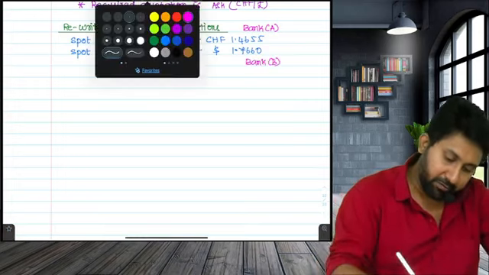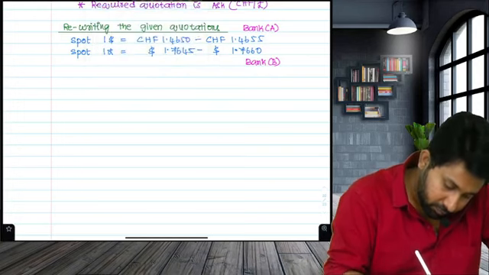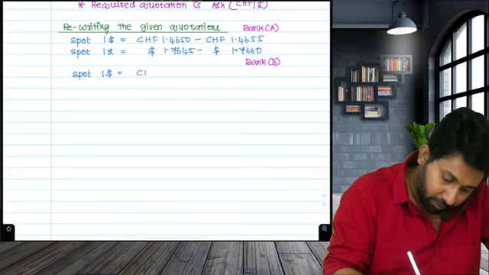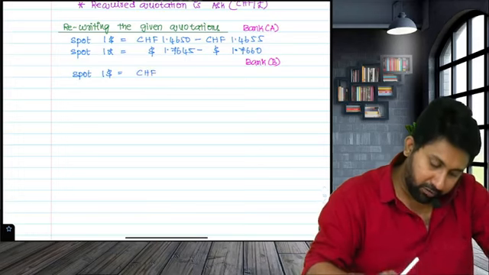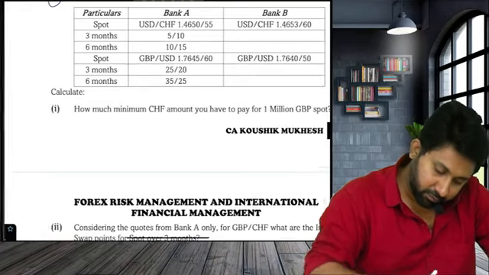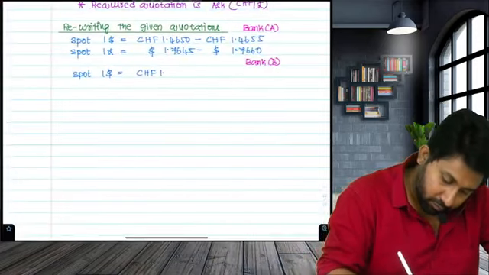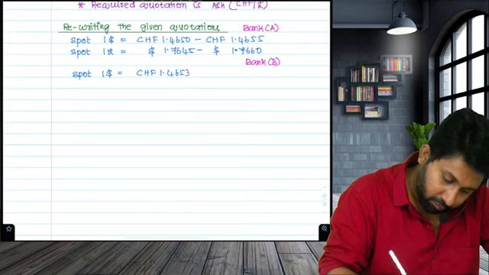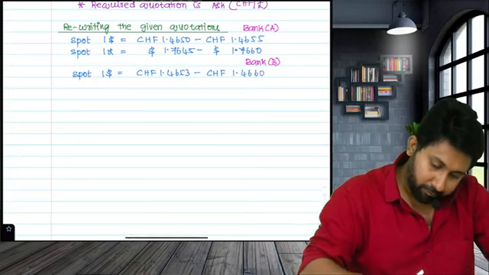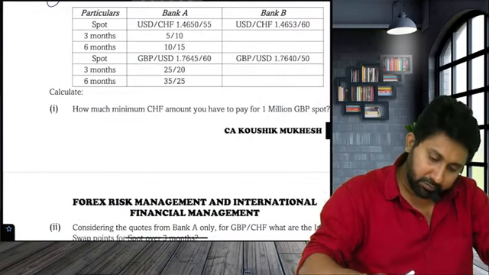Let us give for bank B also. Spot, $1 equal to CHF 1.4653 dash 1.4660.